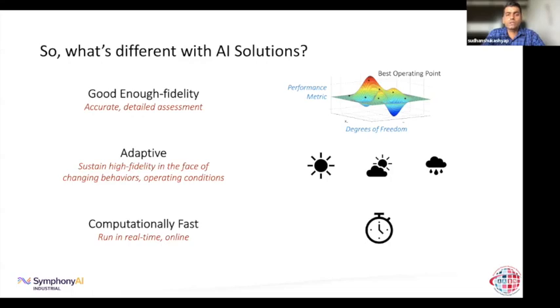So these are some changes that happened in recent times, which made AI solutions feasible, and that's why we are seeing a lot of buzz around it and lots of applications. But still, this whole AI implementation in industrial is in its infancy stage, and it will evolve over the next 5 to 10 years.